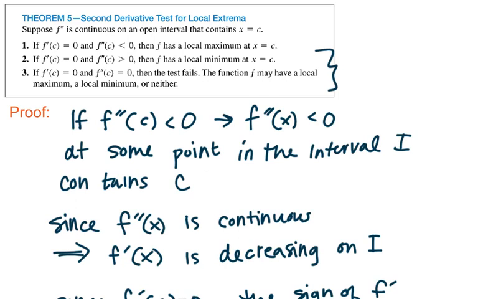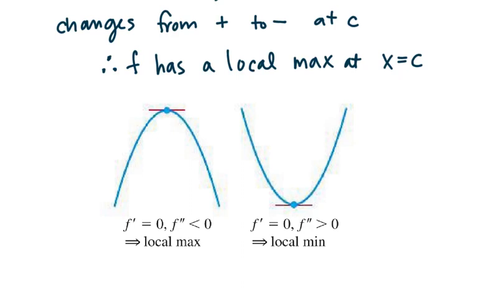I'll leave that to you to determine if you need to know that from your textbook. And just to recap what we stated, if the first derivative is 0 and the second derivative is negative, that means max. If the first derivative is 0 and the second derivative is positive, that means min.